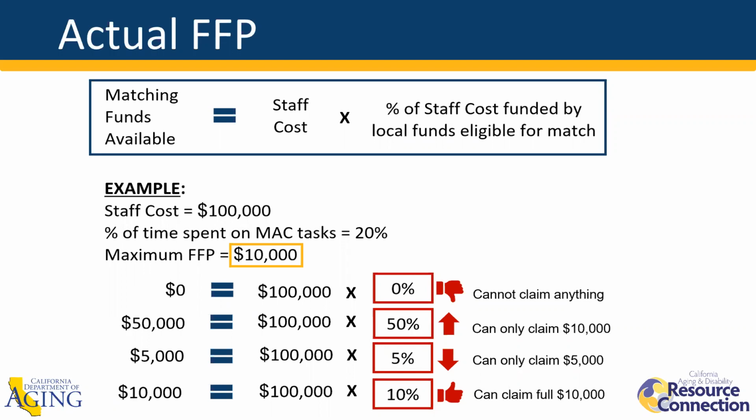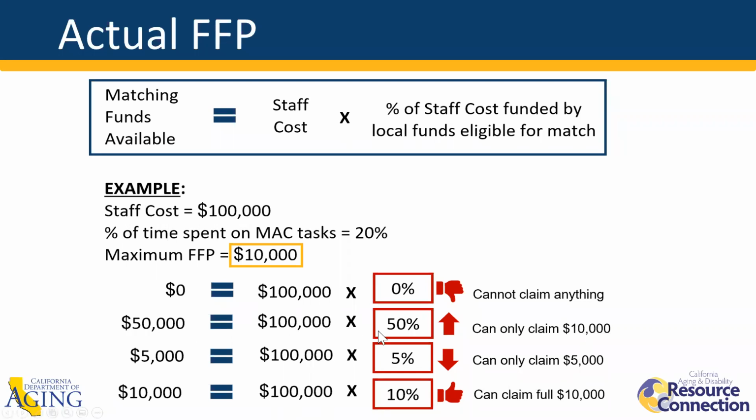So for the first one, let's say that 100% of her position is funded with CARES Act funds, and 0% is from local funds. Well, 0% of 100,000 is 0. So that means there would be 0 local dollars available for the feds to match. So it wouldn't even matter how much time she spent on MAC activities. There's just nothing to match since her position isn't funded with any local dollars.